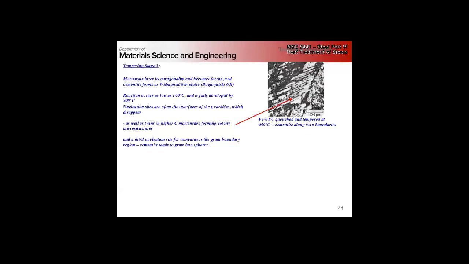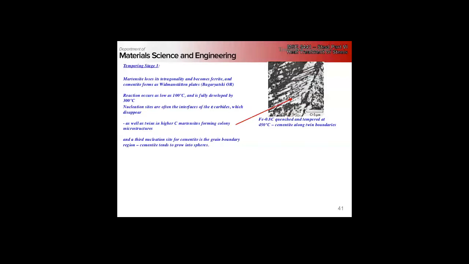And so at these temperatures, in this stage 3, the nucleation sites for this are going to be our epsilon carbide array that we formed, and then they're going to dissolve. We can also nucleate our Widmanstatten plates from the twins in the martensite. We have twin martensite at higher carbon concentrations, or the grain boundaries.